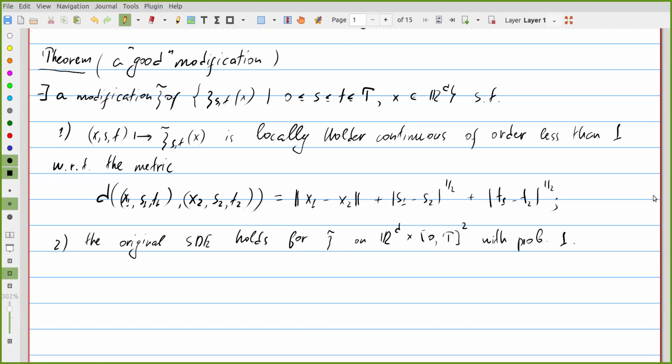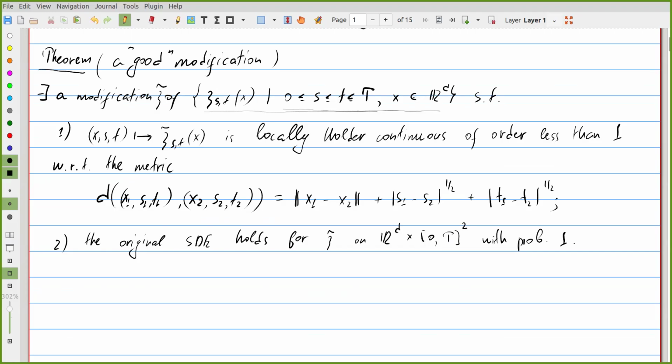Note that here I am writing a finite capital T. It doesn't really matter because we can extend to infinity, but for the estimates that we are going to write, we always assume that time is finite, otherwise you need to include some exponential with respect to time, because even an ordinary linear differential equation can grow exponentially with time.